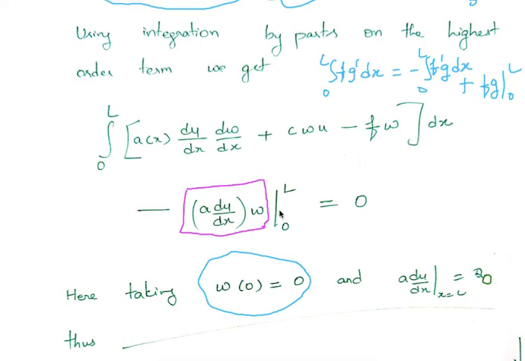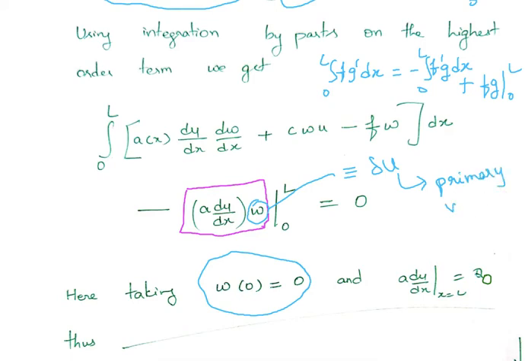If you replace w with u, whatever you get will be the primary variable. Here w is nothing but the variation of u.